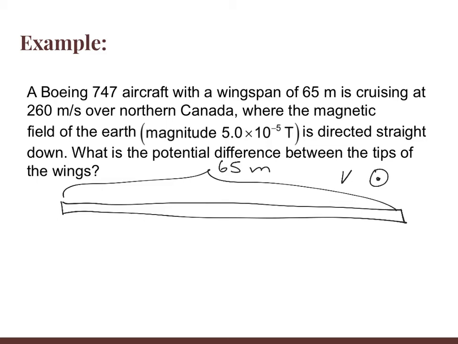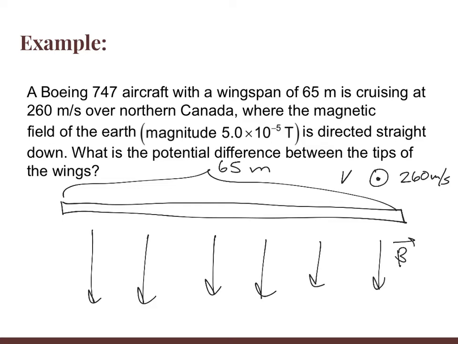So the velocity is like this, and it's 260 meters per second. And the magnetic field of the Earth, the B field, is pointed straight down with a magnitude of 5 times 10 to the negative fifth Teslas. Awesome. So we're going to find the potential difference between the tips of the wings.